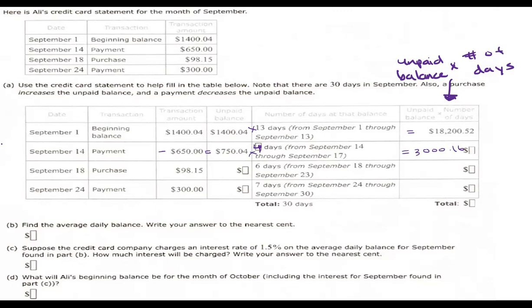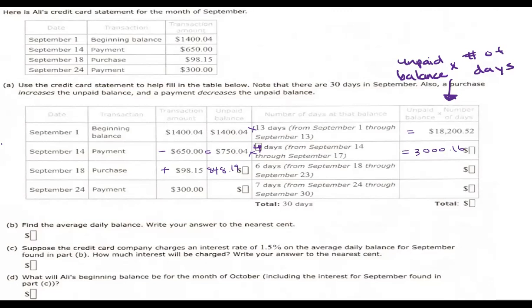So this time again, this is her unpaid balance, and then she makes a purchase. So she buys an item. Maybe it's a pair of shoes, maybe it's a clothing item. She paid $98.15, so we're going to add that to her balance. That gives us $848.19.